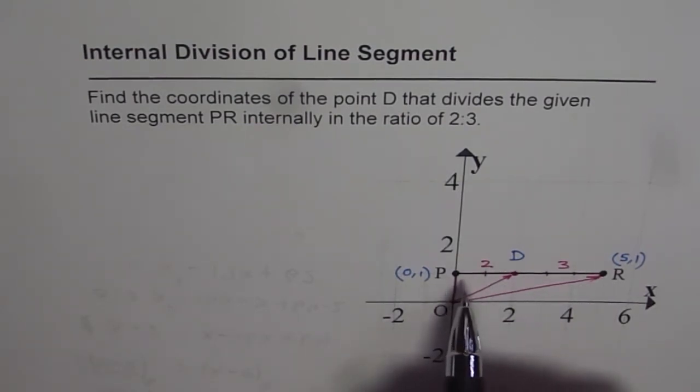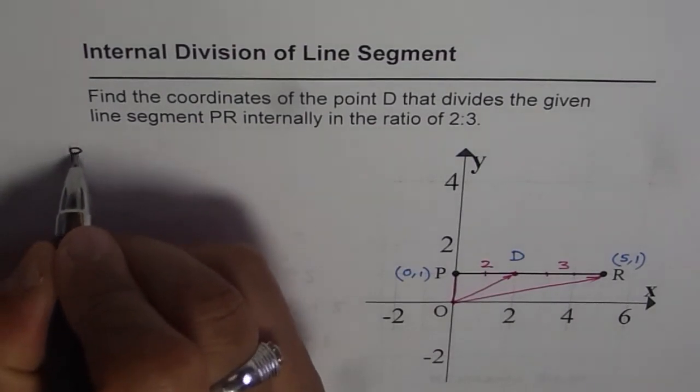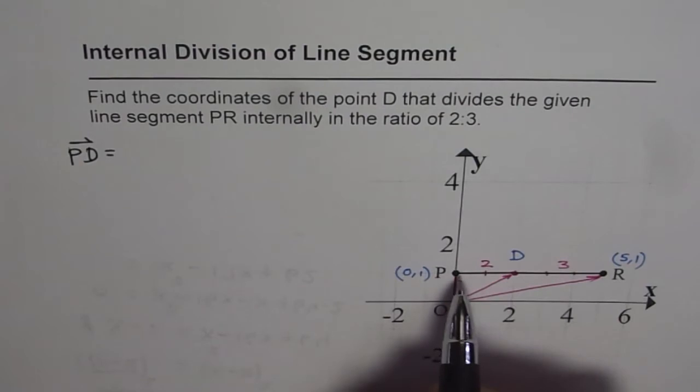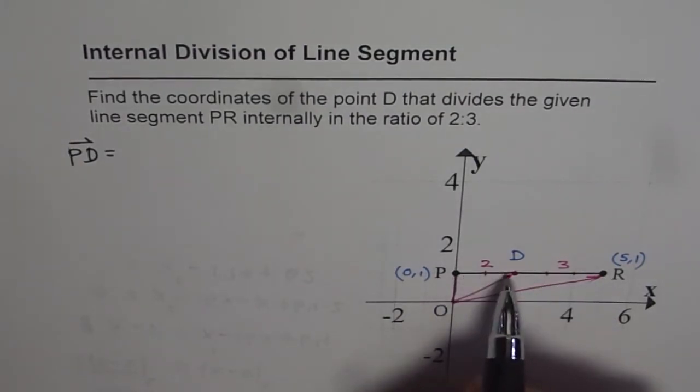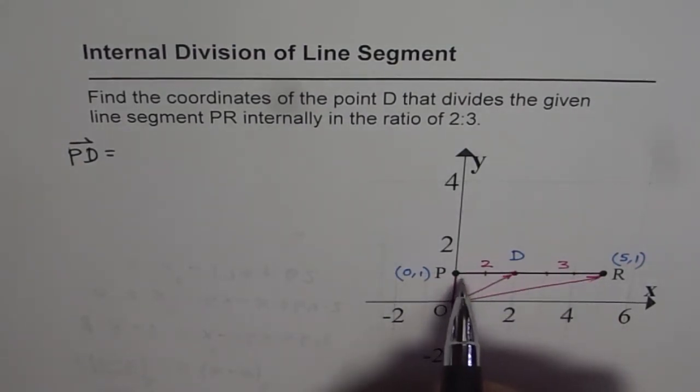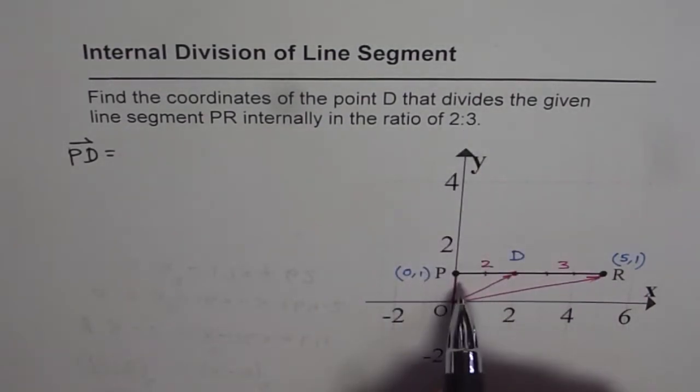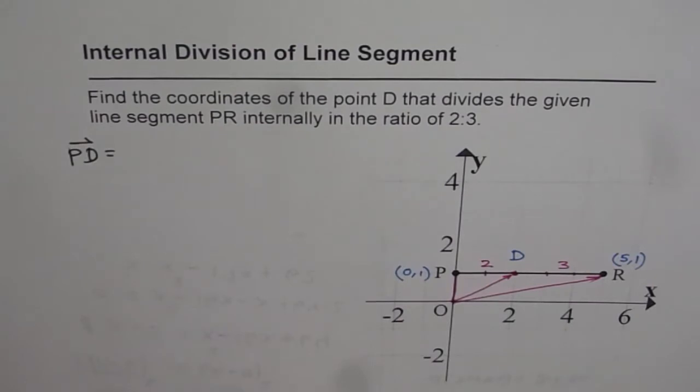Let's start with saying what is the relation of PD with PR. We can say vector PD is collinear with PR, it's a scalar multiple, right? So if I divide PR into 2 plus 3, 5 parts, then PD should be 2 parts, correct?